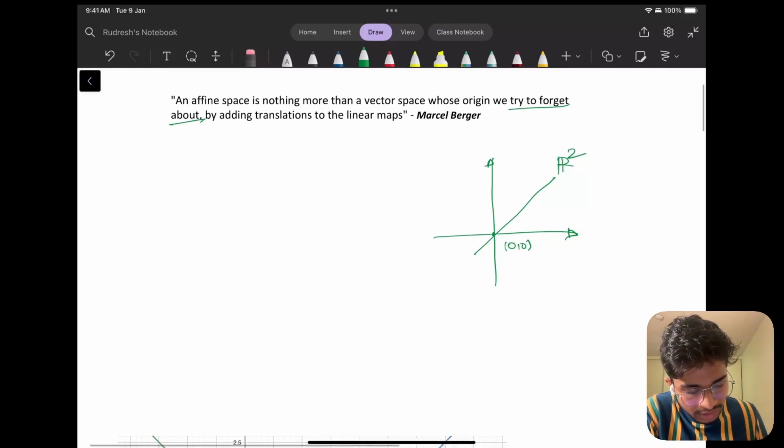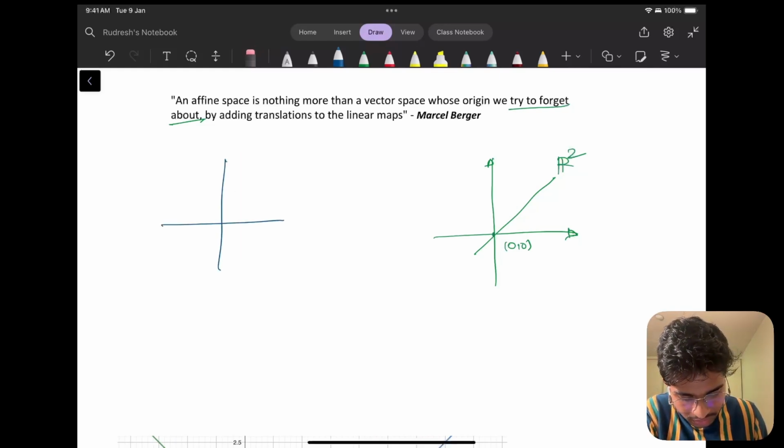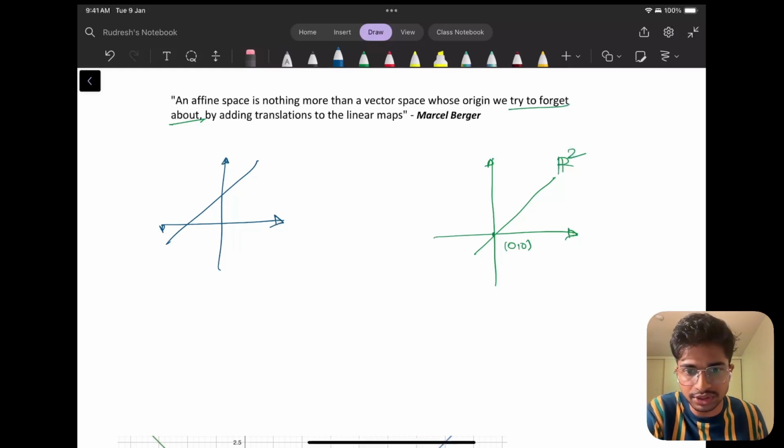But why do we need to have this construct of origin here? We could have something which is equally linear, but which doesn't pass through the origin, right?